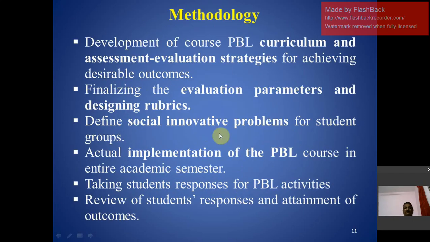So methodology. First, development of course PBL curriculum and assessment evaluation strategies for achieving desirable outcomes. So as told earlier, the first thing is that you have to define your curriculum for project-based learning. Then define the number of problems which are socially useful and innovative.